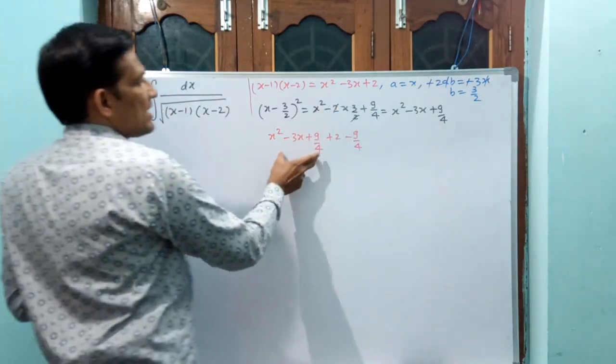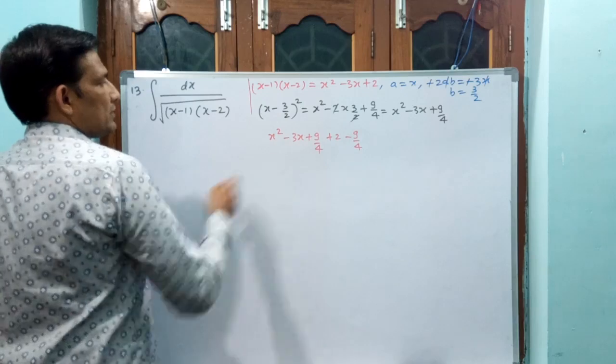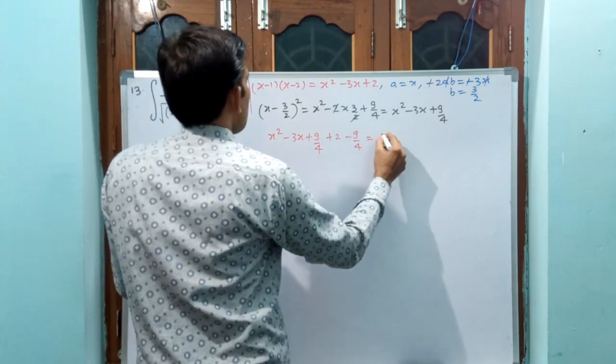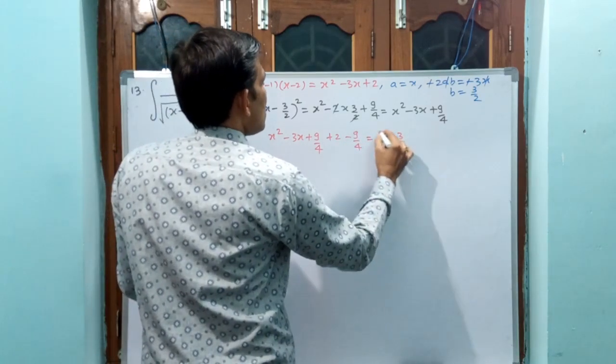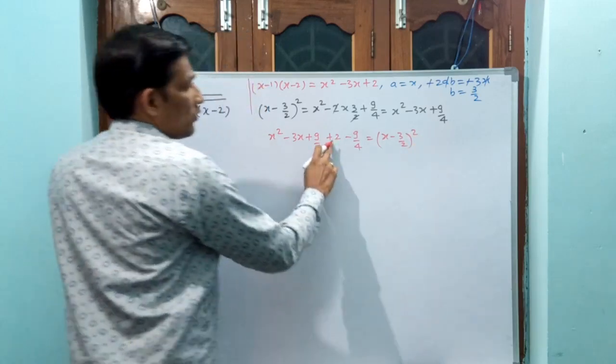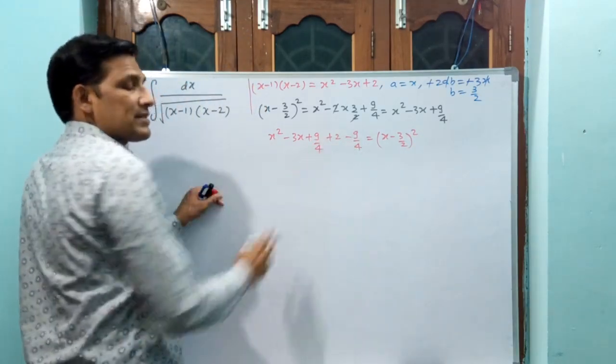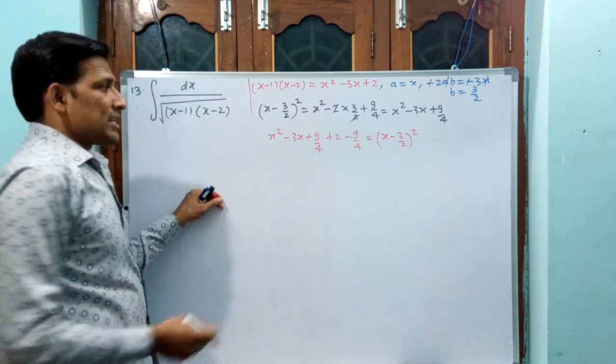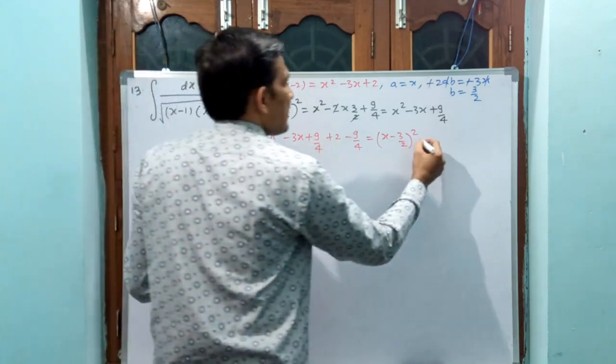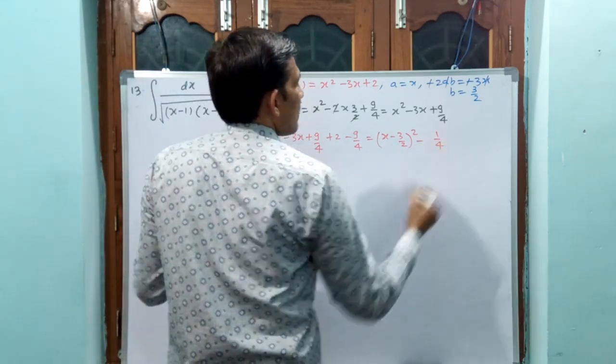Until here, for this part we have (x minus 3 by 2) whole square. You see what I am writing: x minus 3 by 2 whole square, and 8 minus 9 gives minus 1 by 4. Rather than writing plus, I will write minus 1 by 4.